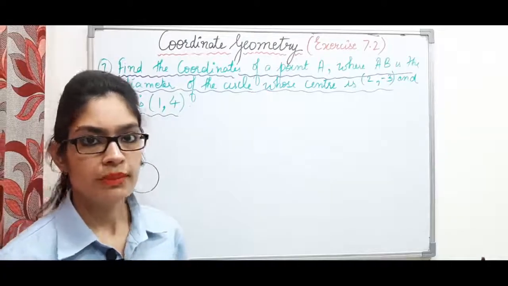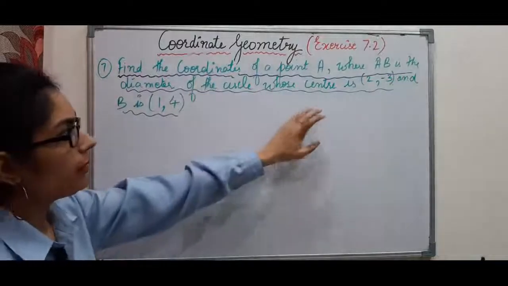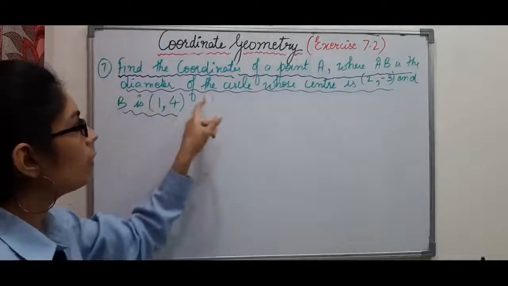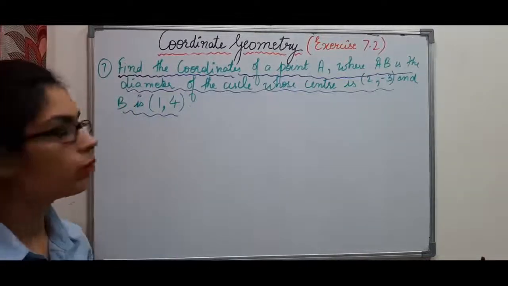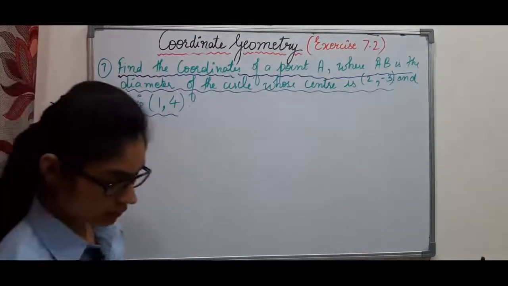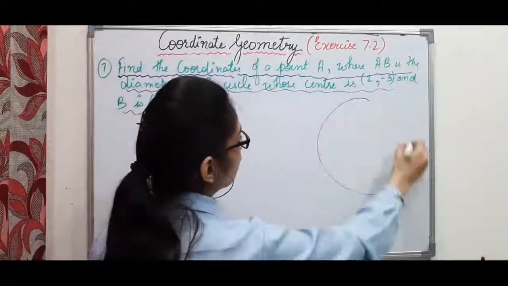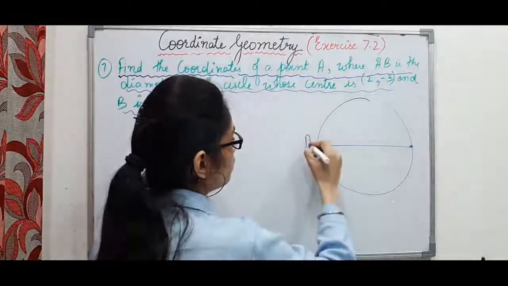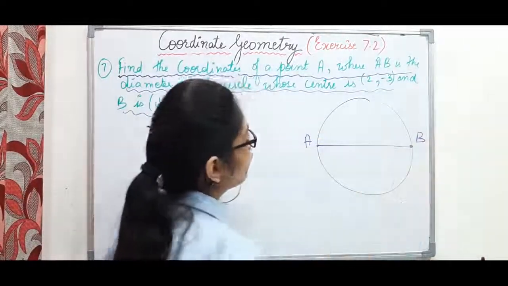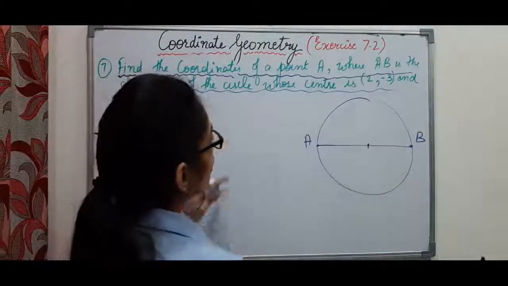In question number 7, it is given, find the coordinates of a point A where AB is the diameter of a circle whose center is this and point B is given to you. So you have to find the coordinates of A. So let's understand what is given to us. So this is one circle whose diameter is given to you, which is AB, and here the center is also given to you.